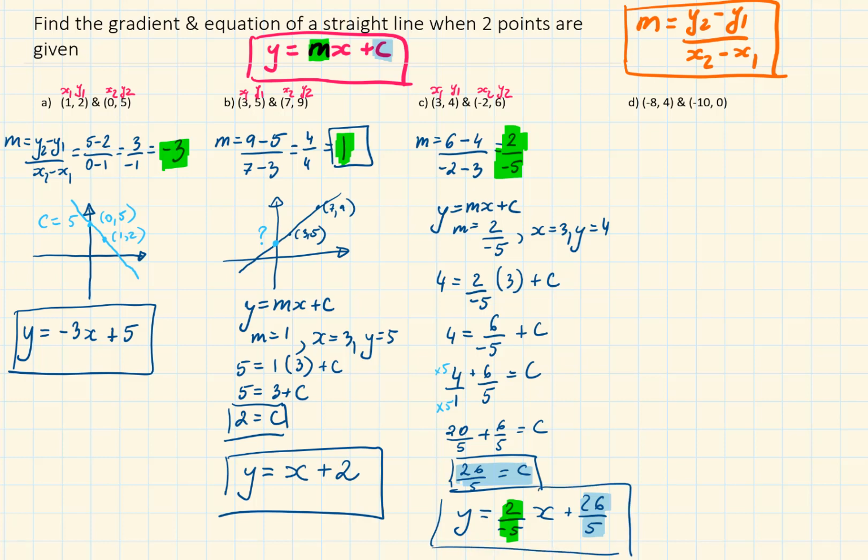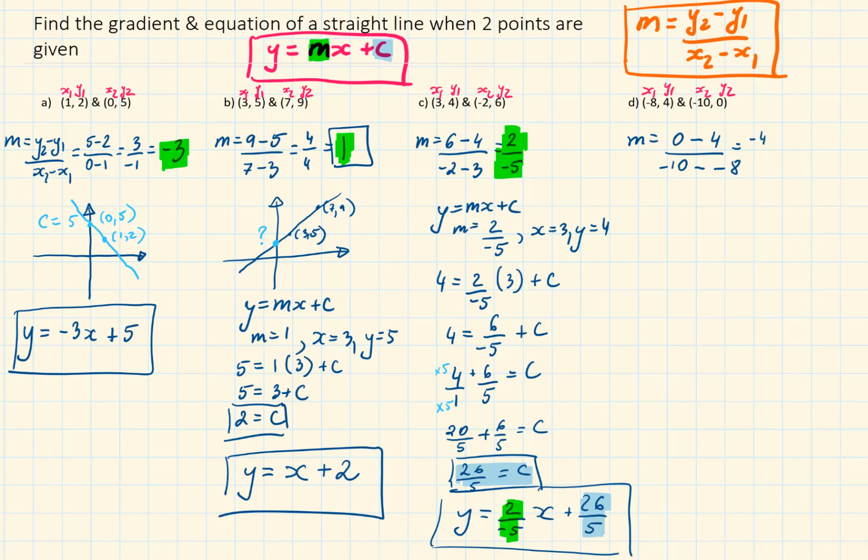So let's start by labeling the coordinate points: x1, x2, y1, y2. Let's apply the formula. M is equal to y2 minus y1 over x2 minus x1, which is minus 8.